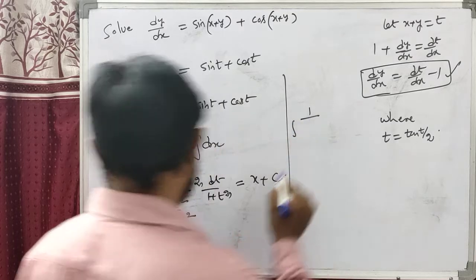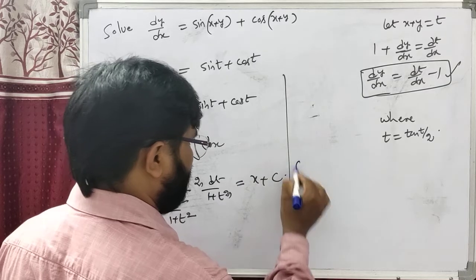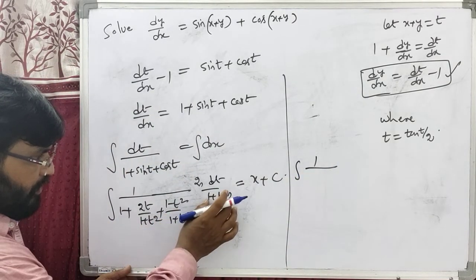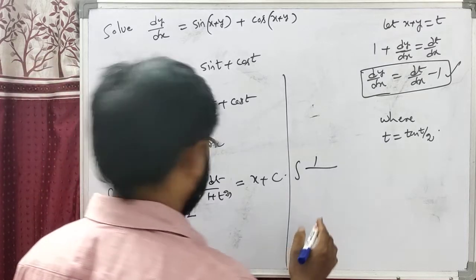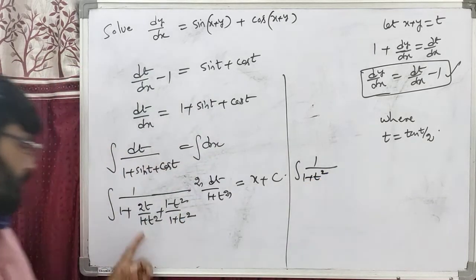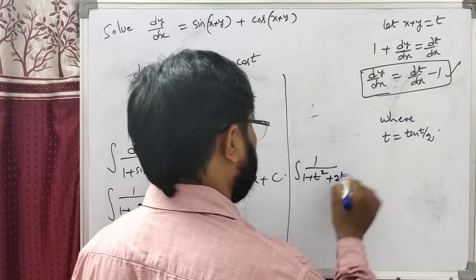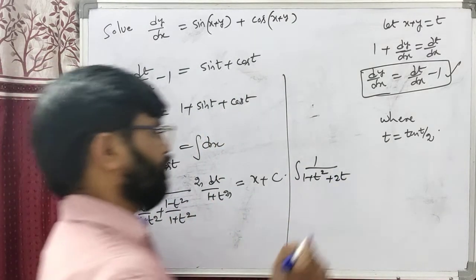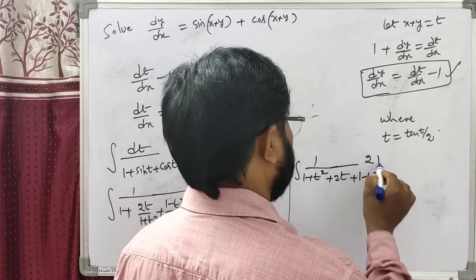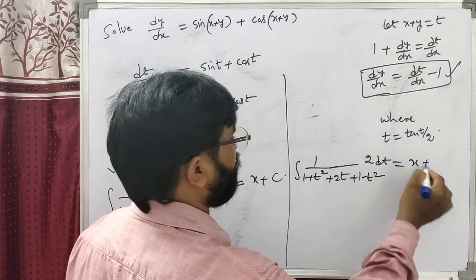The integral 1 upon, the LCM is 1 plus t square, the denominator is cancelled. Now we can write 1 plus t square plus 2t plus 1 minus t square, 2 dt equal to x plus c.